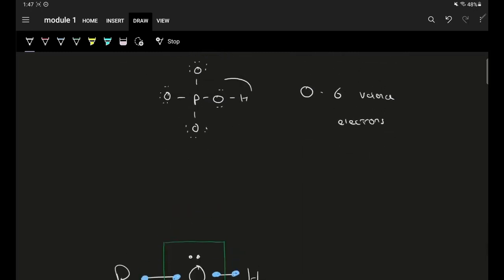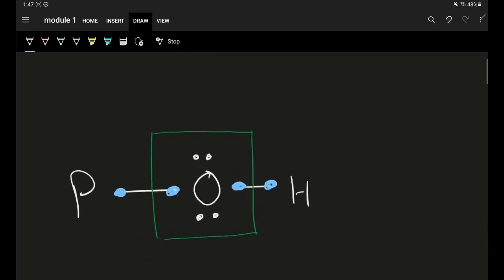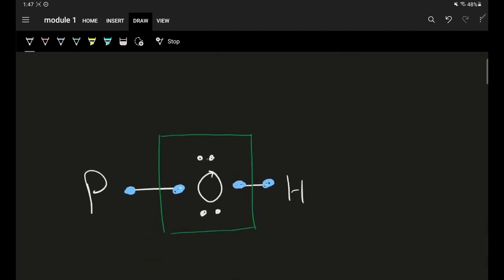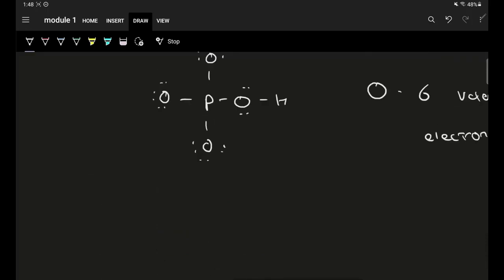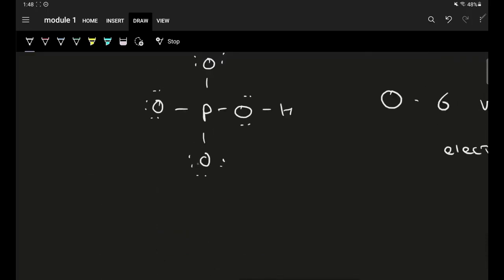And if we were to consider this part of the molecule and zoom in real close, we see that there are 1, 2, 3, 4, 5, 6 electrons directly touching this oxygen atom. And so this oxygen atom has no charge since it has the same number of electrons directly touching it as it has valence electrons.